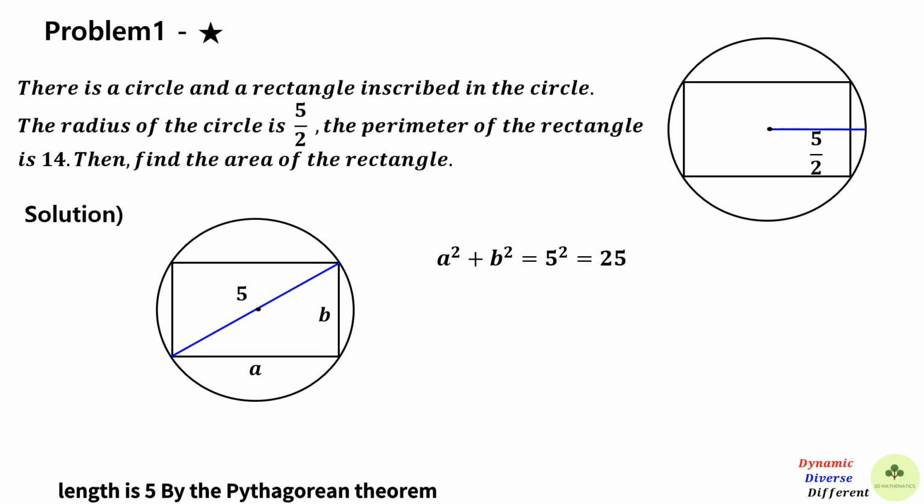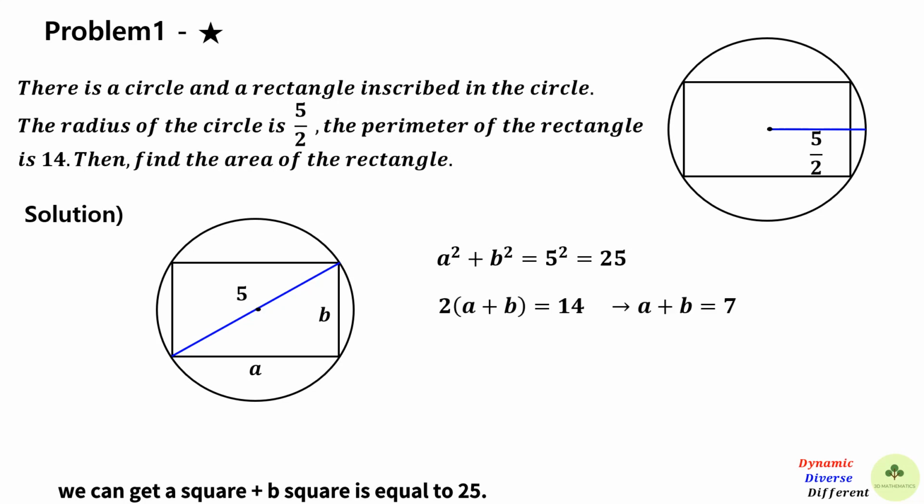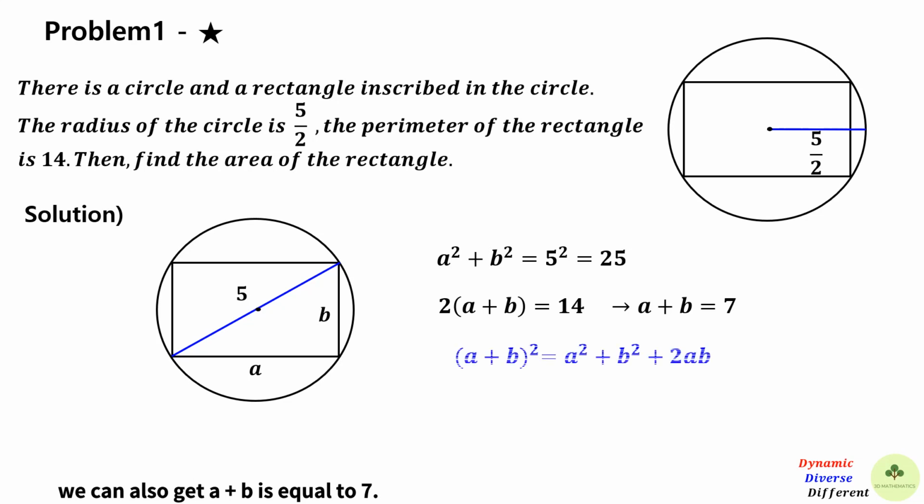By the Pythagorean theorem, we get a squared plus b squared is equal to 25. And by the given perimeter condition, we also get a plus b is equal to 7. According to one of the formulas of multiplication, we can find the value of a times b.